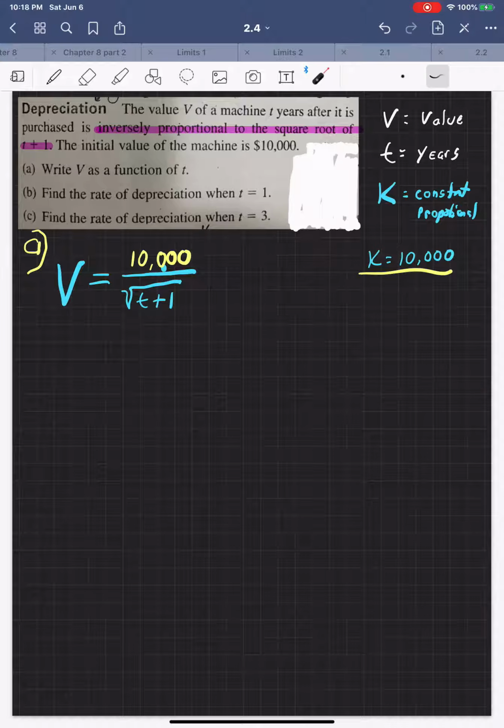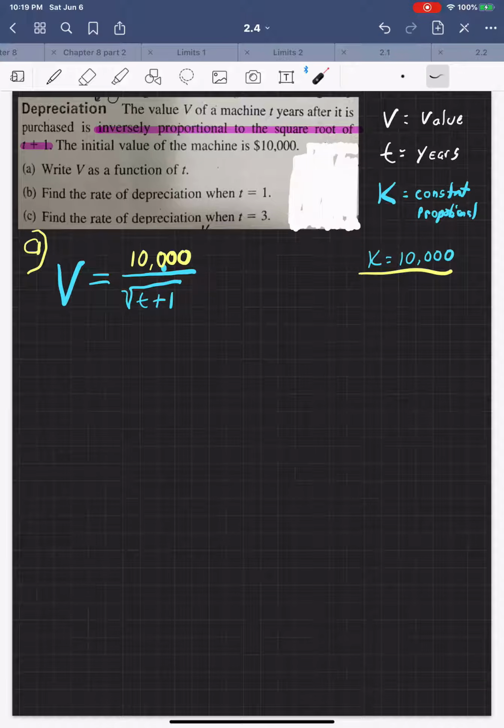But what if you want to know something different? What if you don't want to know its value in 1 year or 2 years? What if you want to know the rate of depreciation, meaning how fast is it losing value? Well, have you heard that you lose the majority of the value of your purchase, let's say of a car, within the first year?